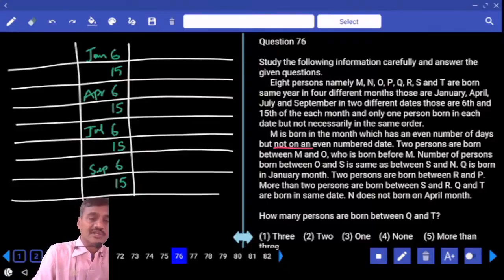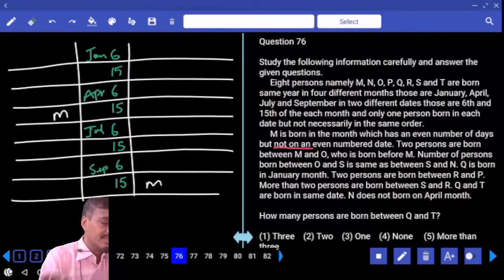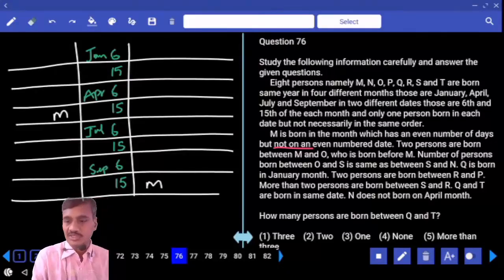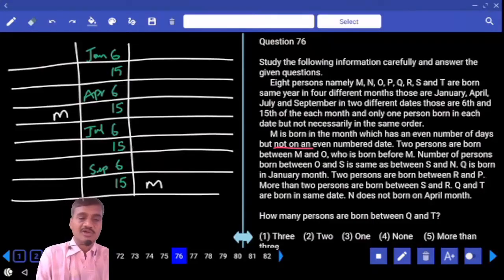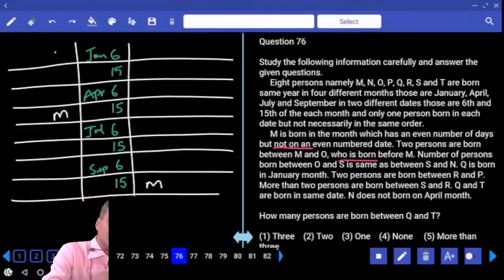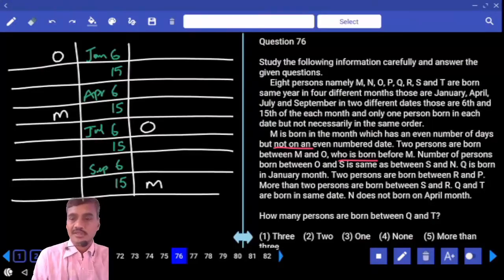But not on an even number date, so M must be born on an odd number date, either in April or in September. Two possibilities. Next, 2 persons are born between M and O, and O is born before M. In the first case O must be Jan 6th, and in the second case O must be July 6th.